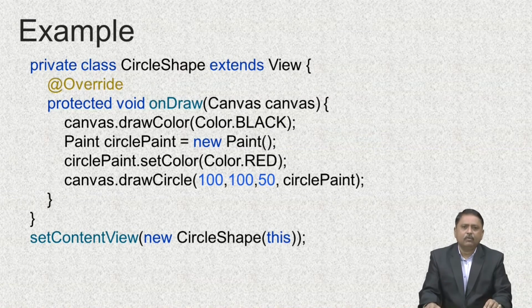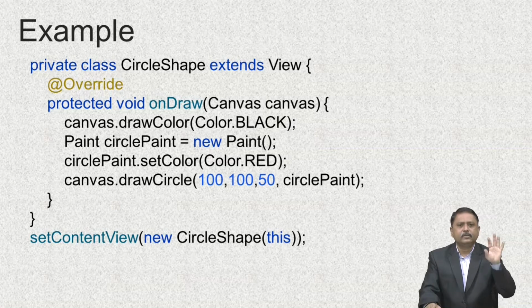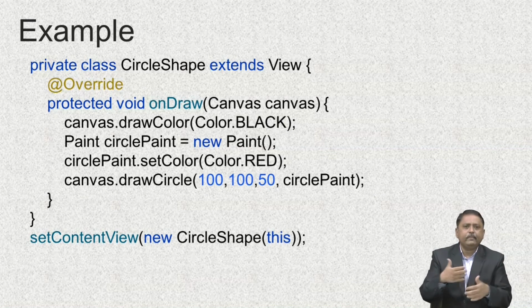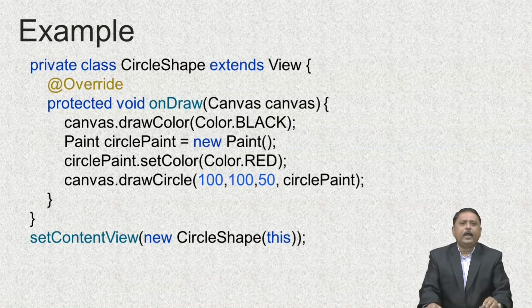So, this is how we can create a view, we can implement the onDraw method, we can draw using canvas, and drawing style can be specified using paint that we have seen. So, here we can say we have dynamically created a view and set that view as the content view of some activity.